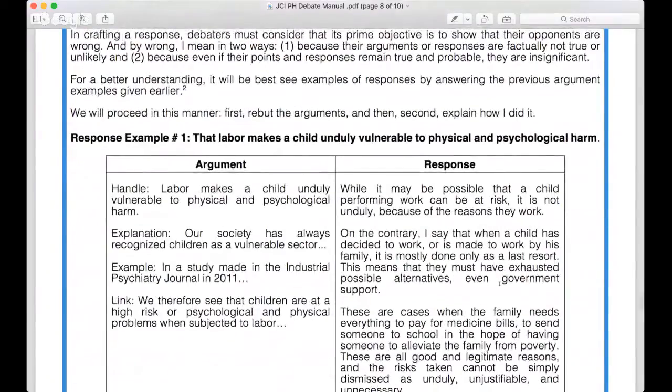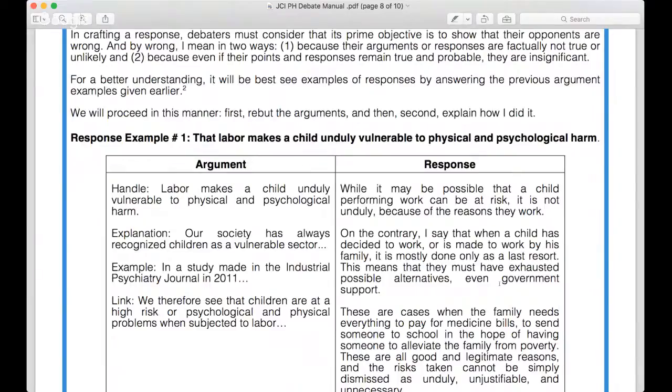The explanation there is that our society and government have always recognized that children are vulnerable, therefore they have to be protected. And because they're children, there are higher risks of psychological or physical problems when you subject them to labor or make them work.